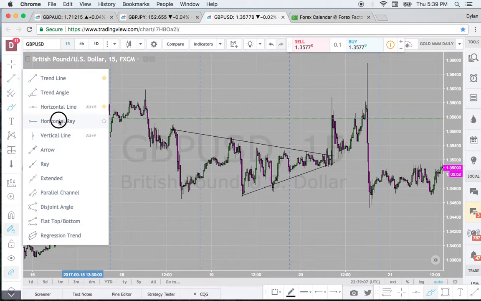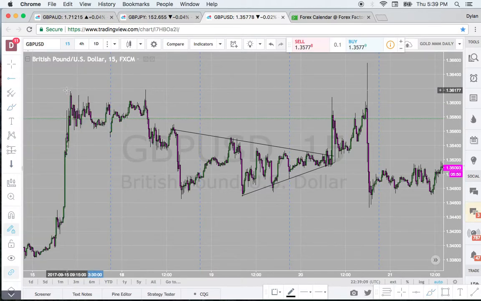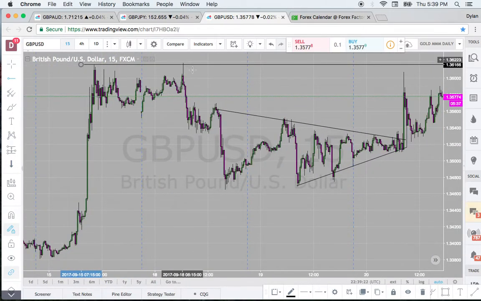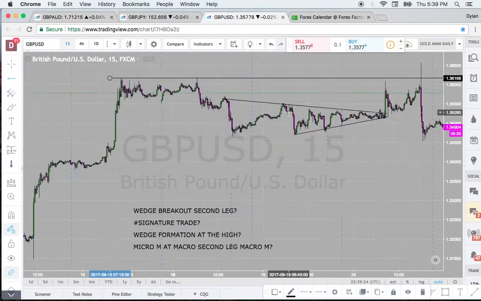First of all, we have the high created here on the GBP US dollar. This is the high of the week, right here. It's also the high of the previous week. It stop hunted the high of the previous week.